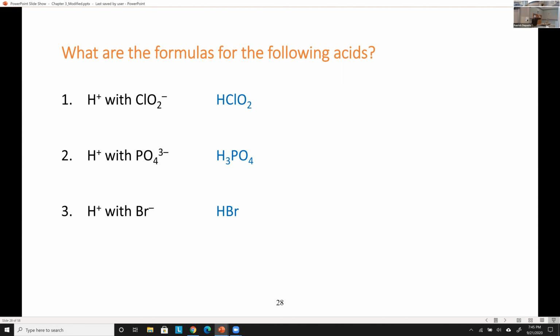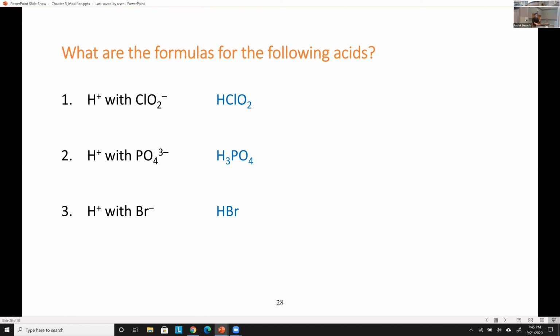So you have chlorite. Yeah, chlorite. That's what it is. Okay, good, chlorite. So the hierarchy: you have perchlorate, which is ClO4, regular chlorate, ClO3, regular chlorite, ClO2, and then hypochlorite, which is ClO.